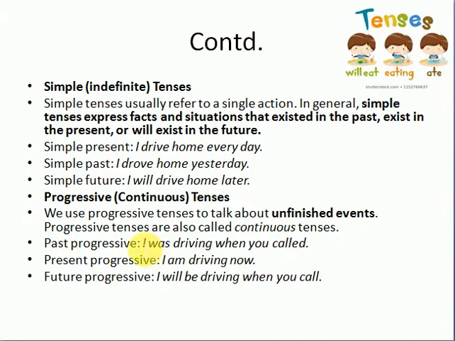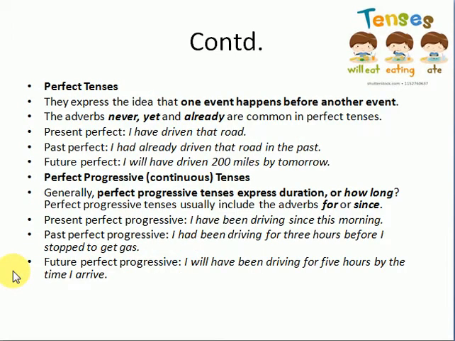If this is the present continuous, it will be the kind of action that is taking place at the time of speaking, at the moment of speaking. And this is also used to refer to the actions that were in the continuous stage in the past, like I was driving when you called. And this also refers to the action that will be ongoing in the future. I will be driving when you call.